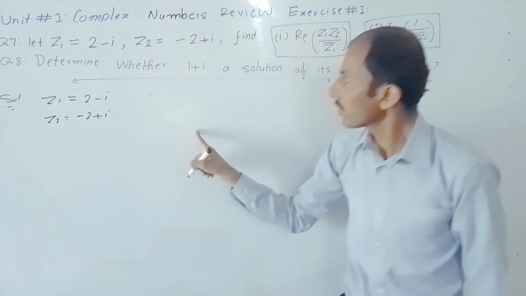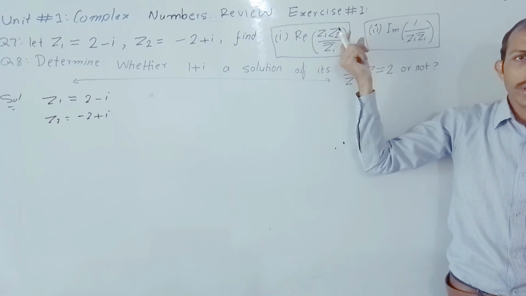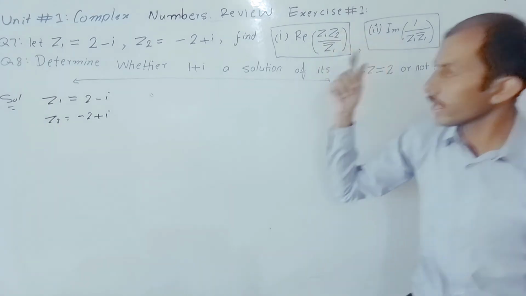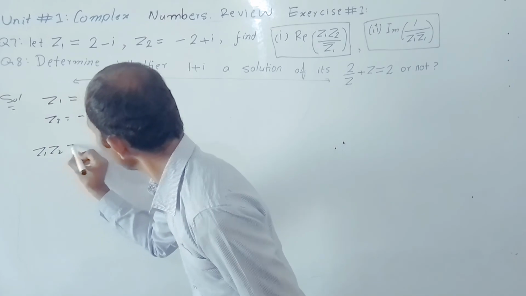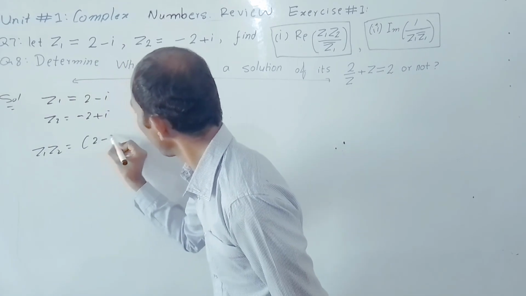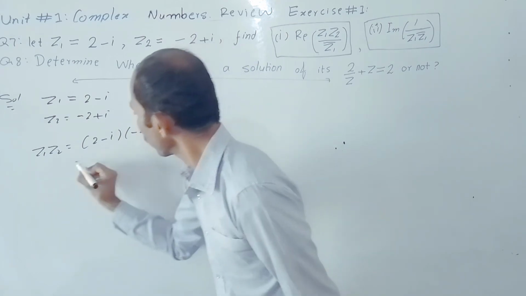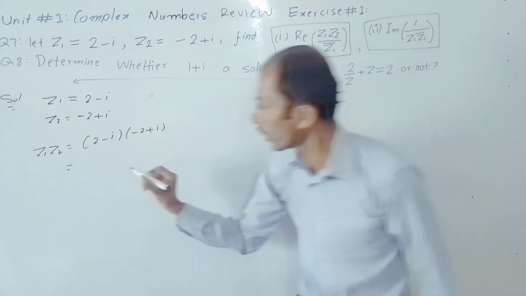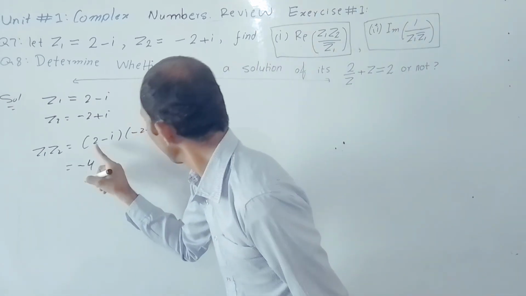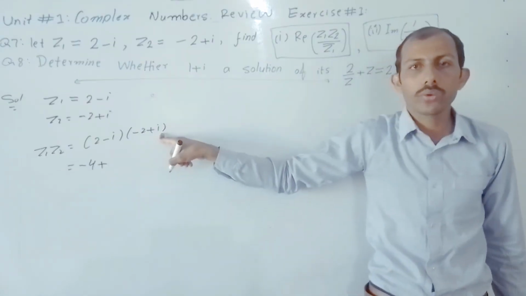So next part number 1, that is z1 z2, so multiply z1 and z2. z1 z2 is equal to 2 minus iota into minus 2 plus iota, which is equal to 2 into minus 2 is equal to minus 4 plus 2 multiply iota is equal to 2 iota.